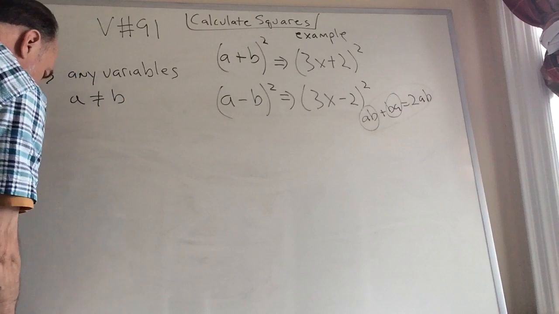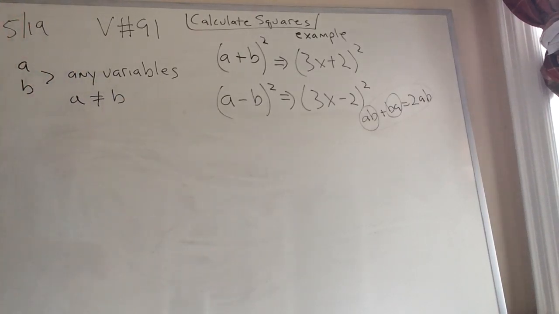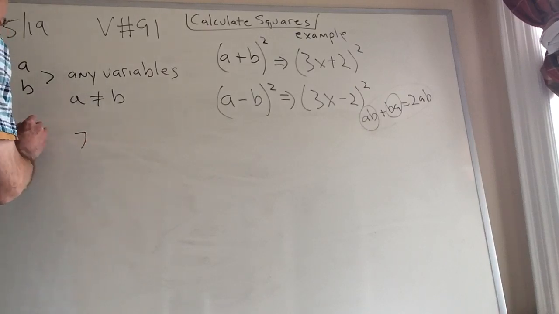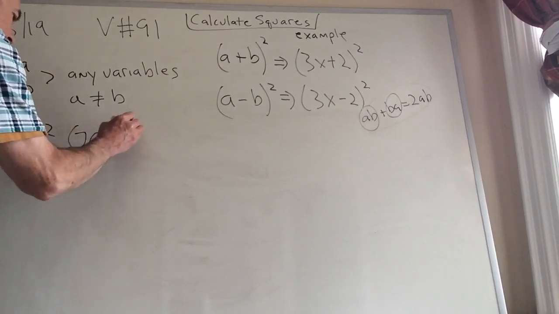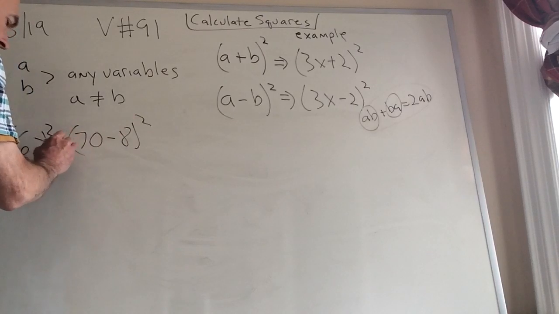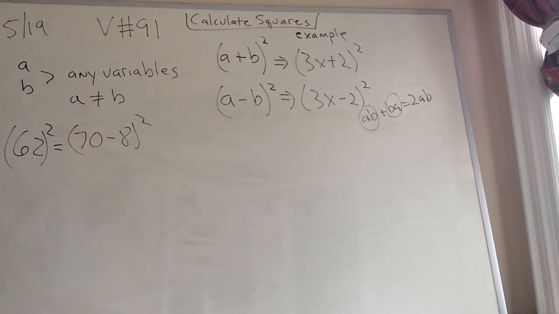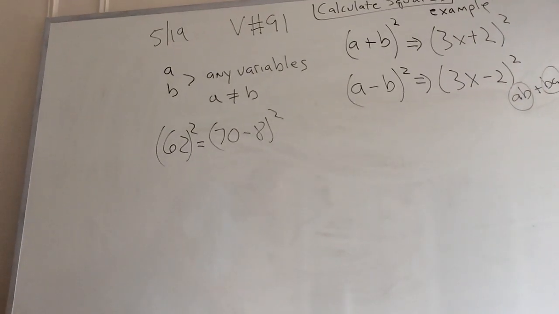And I'll give you some as an assignment after I finish doing this, assignment number 35. So now we'll say 62 squared equals 70 minus 8 squared, right? Making sense? We'll move this over a little bit here, okay?